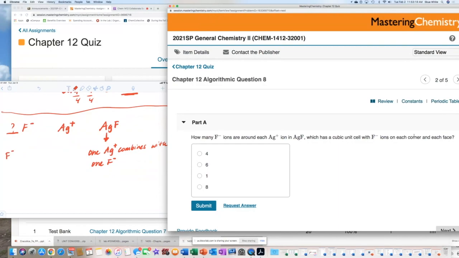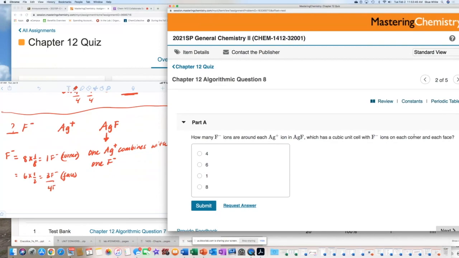Okay, so for the F minus this time, oh, they're giving us the F minus information. The F minus is on each corner. Corner pieces we know are 1/8, so 8 times 1/8 gives us 1 F minus. And then the face pieces, it says each face, so that's 6 times 1/2 to give us 3.